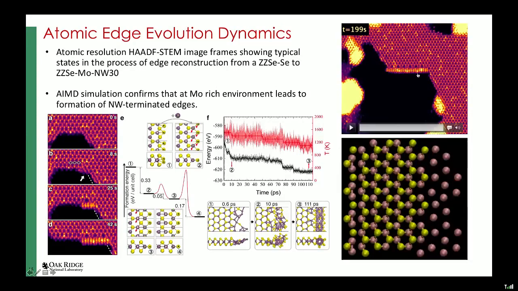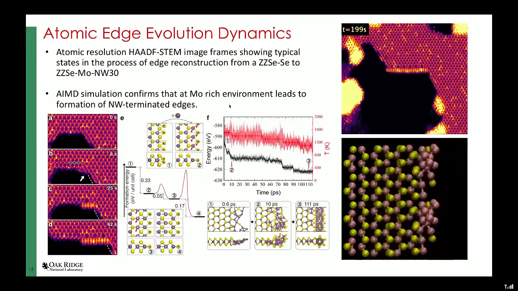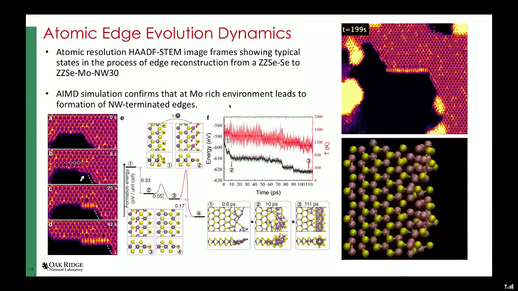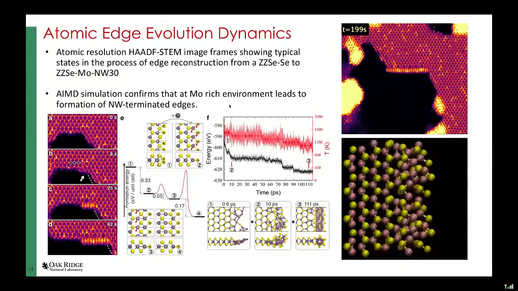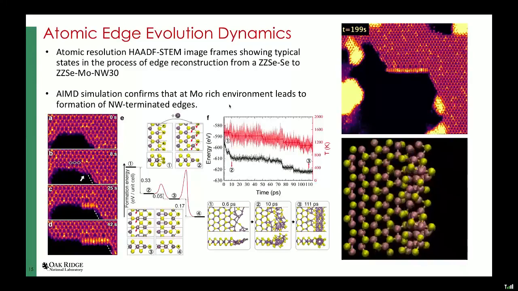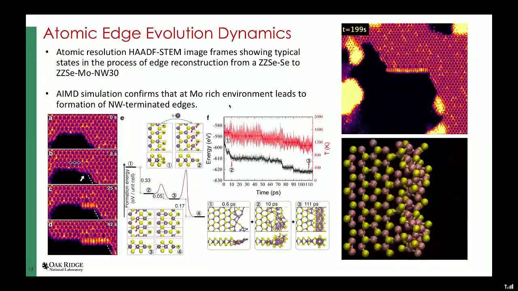But more importantly, we can turn to our theory collaborators, who can say how we can use density functional theory and ab initio molecular dynamics simulations to determine the energetic pathways that it would take to transform these molybdenum sulfide structures, and also to create these new structures based on the chemical environment. They were able to do that, and in the lower right, we're showing how you can create a molybdenum terminated nanowire in a 30-degree orientation.